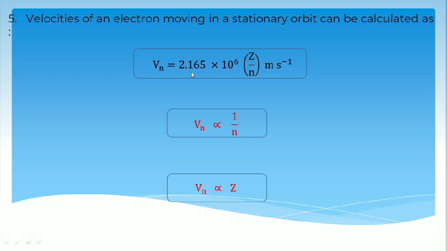The equation is Vn equals 2.165 times 10 to the power of 6 Z by n meter per second. Vn represents the velocity of the electron, Z represents the atomic number, and n represents the principal quantum number. For the hydrogen atom, Z equals 1.